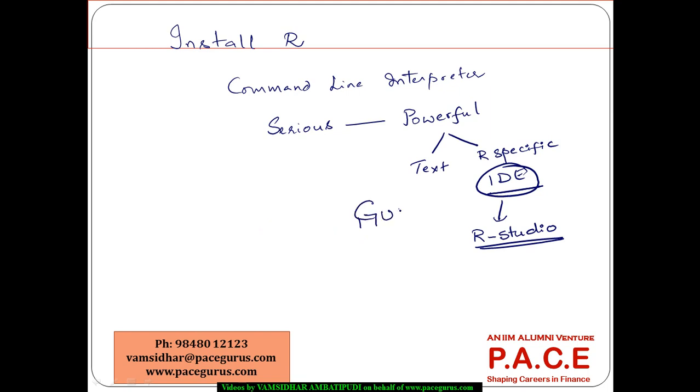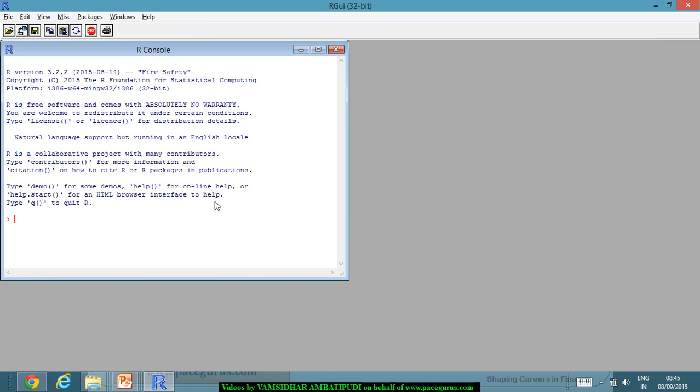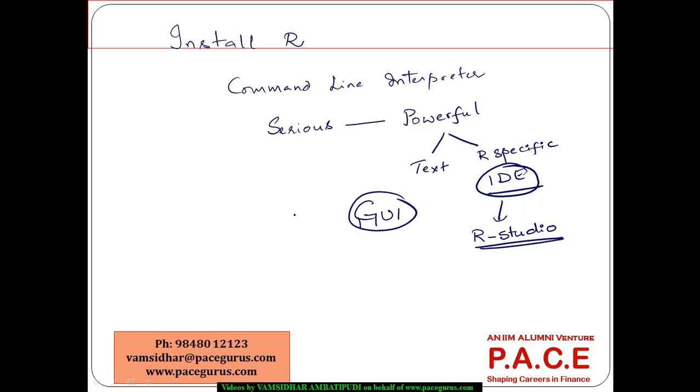Because for very basic programming, even this GUI which R is providing is sufficient for us. But only if I am going for much more serious programming, with many bigger lines of text, this is where R Studio comes more and more handy. We'll talk about the usage of those things.